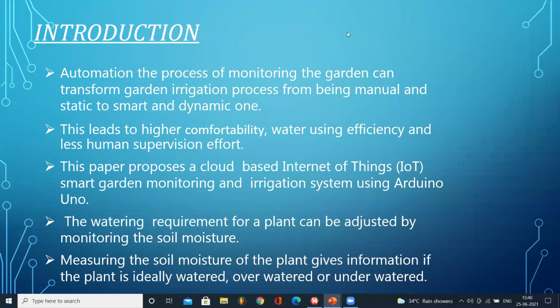The watering requirement for a plant can be adjusted by monitoring the soil moisture, and measuring the soil moisture gives information on whether the plant is ideally watered, overwatered, or underwatered, so we can know whether we have to water the plant or not. Just go on to the next slide.